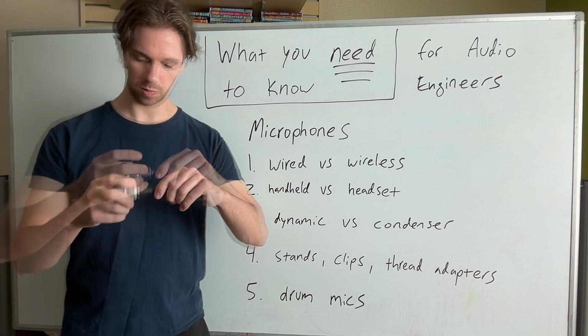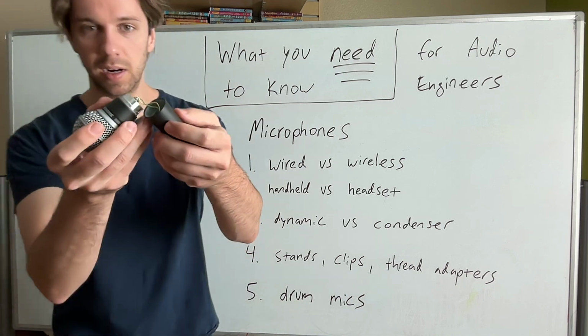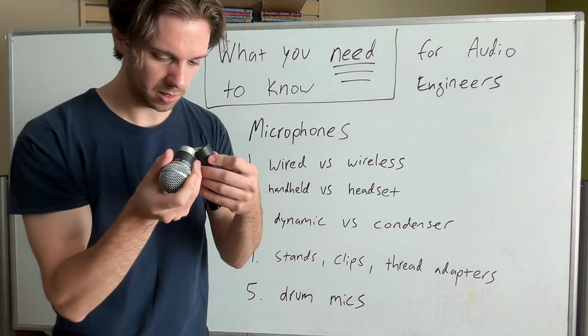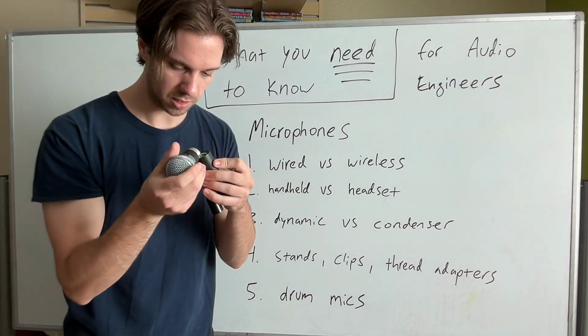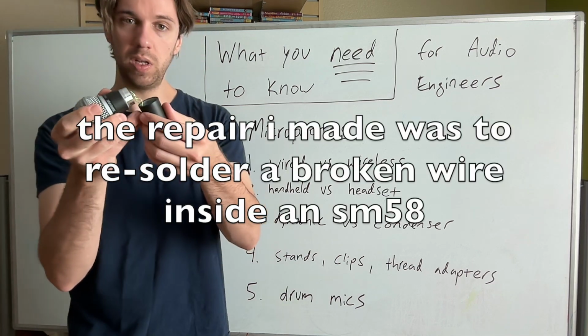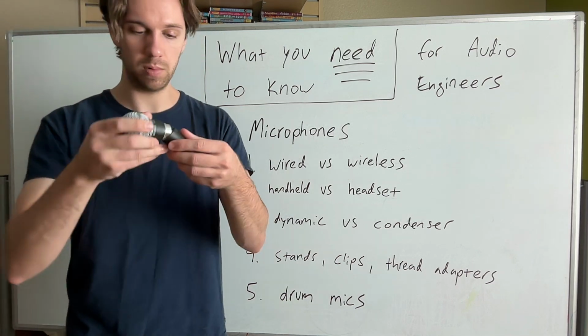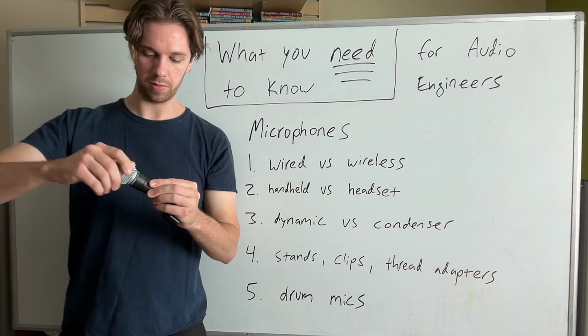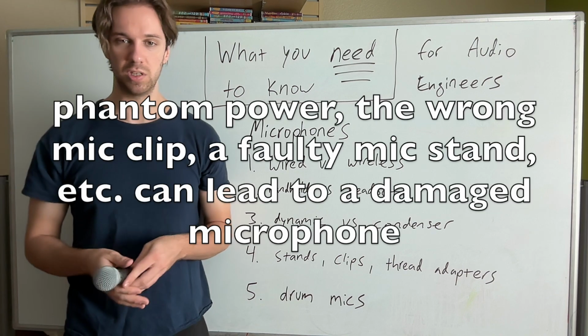Actually, I don't know if it was this one. If you look inside right there, it's just a couple of wires, and this is not the one that I repaired. But these are really small wires and they can break relatively easily. So you have to be careful with your microphones, otherwise you can damage them.